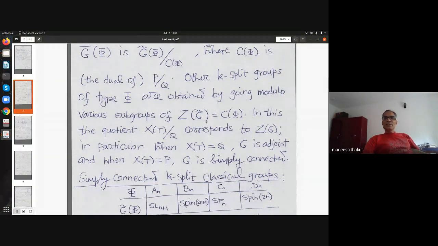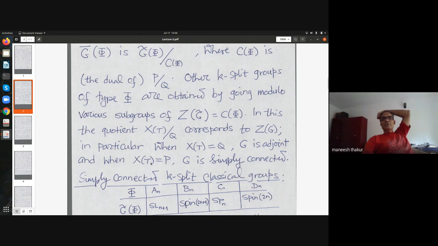So in this, X mod Q corresponds to the center of the group G you get. And the other quotient P mod X, which I have not written down here, is actually the fundamental group of that group. So when X is Q, you get P mod Q, and that becomes trivial, and so G is of adjoint form in that case.